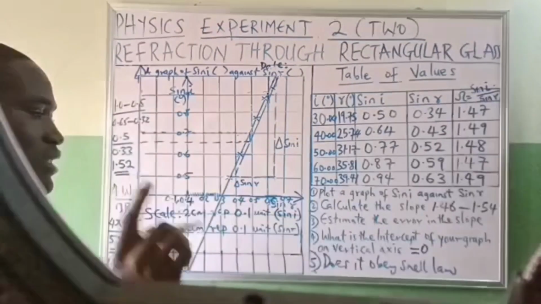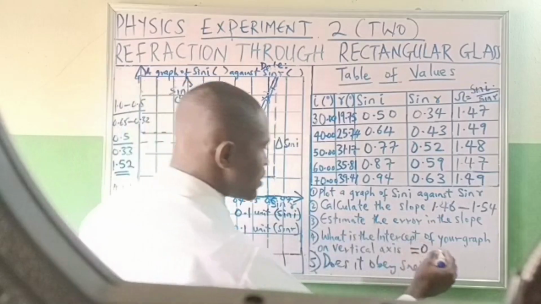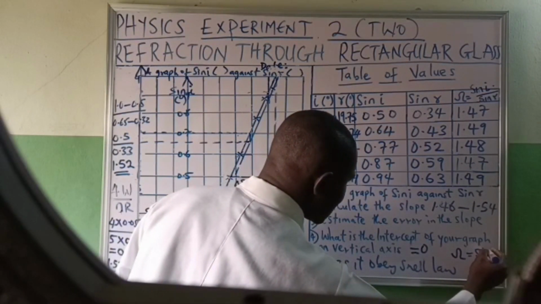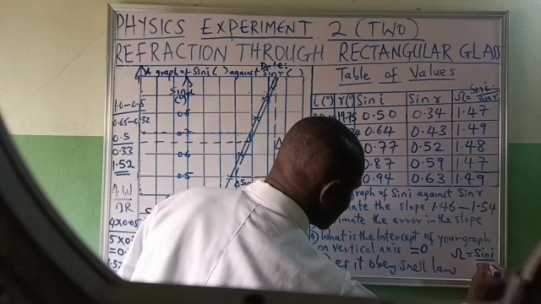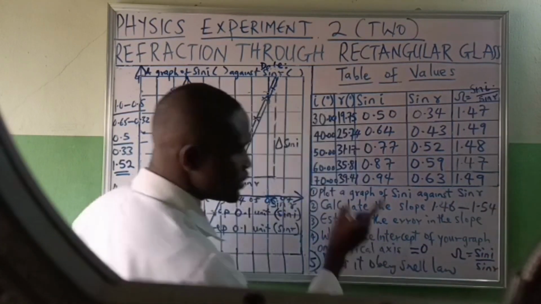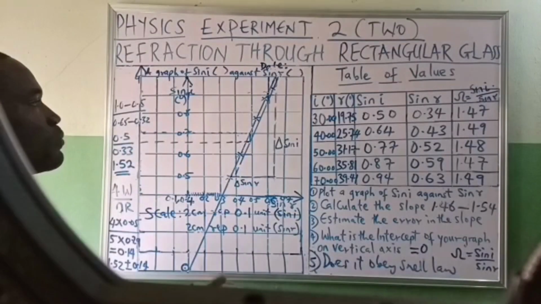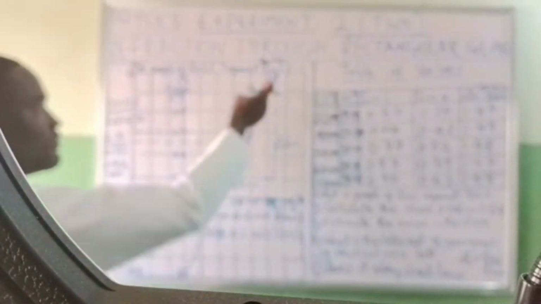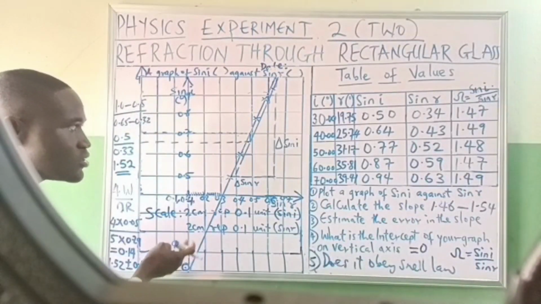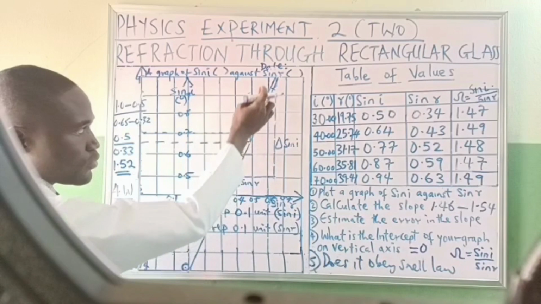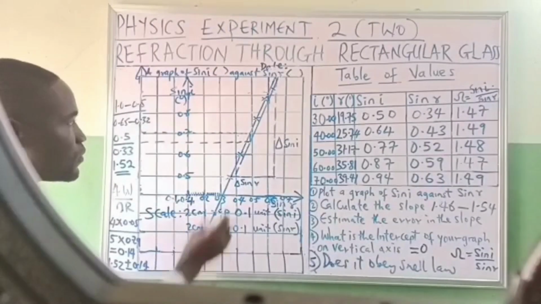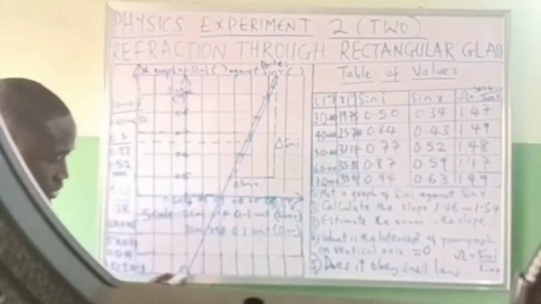Does it obey Snell's law? Yes. The reason being that Snell's law says that the refractive index is equal to sine i all over sine r. This is what Snell's law states. That means when you plot the graph of sine i against sine r, what you'll get is a straight line, which will have a positive slope called the refractive index, and it will also pass through the vertical axis at point 0.